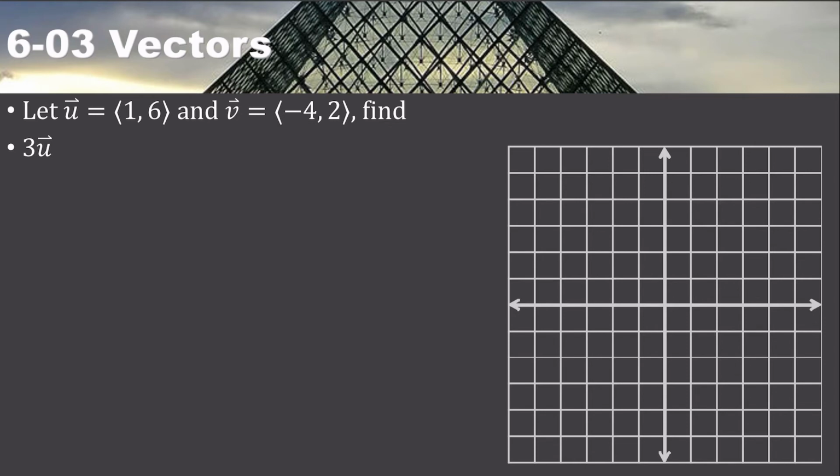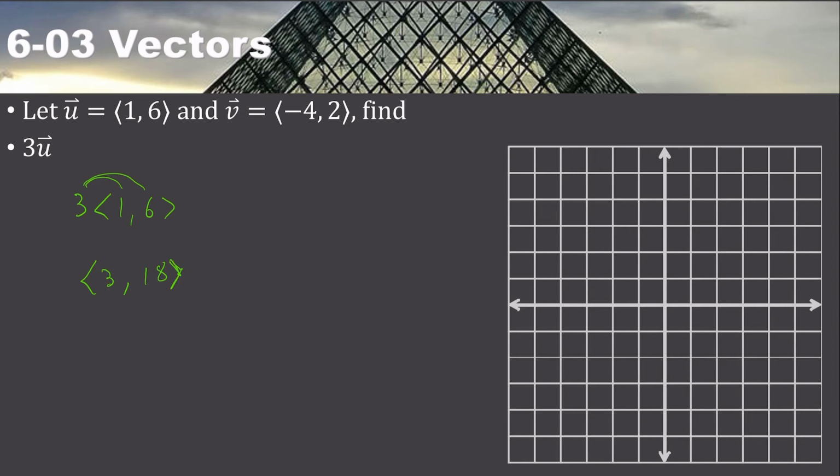Let's let vector u be <1, 6>, and vector v be <-4, 2>. Find 3u. All right, well, 3u would be 3 times vector u. So that would be 3 times 1, 3 times 6. I have the graph here so we can kind of show it.